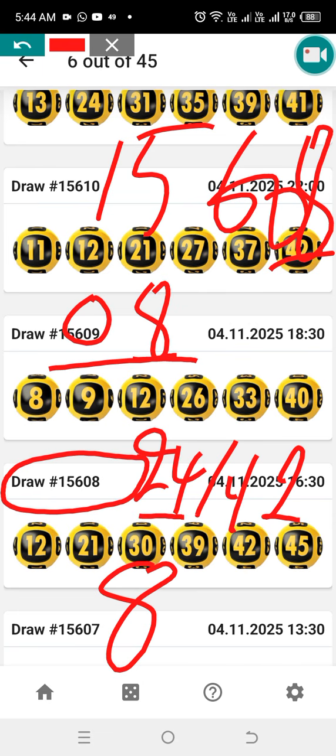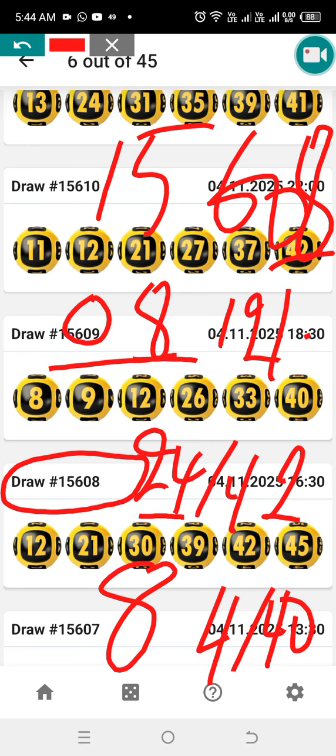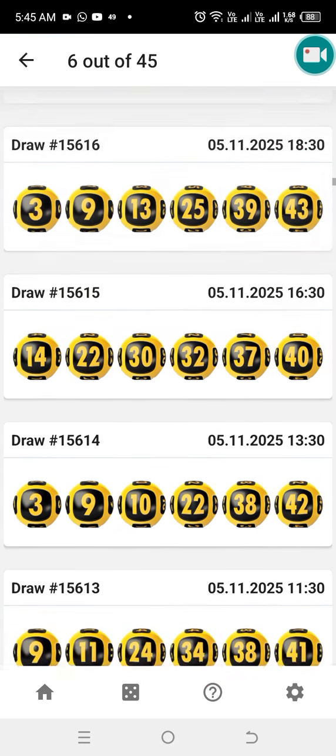We have 8, when you divide it by 2 is 4 or 40 in case you want to play 2 numbers. 24 divided by 2 is 12 or 21. Then you're gonna pair your numbers in 2 numbers or 3. So that is a simple way. Very simple. Let's go to other rows.